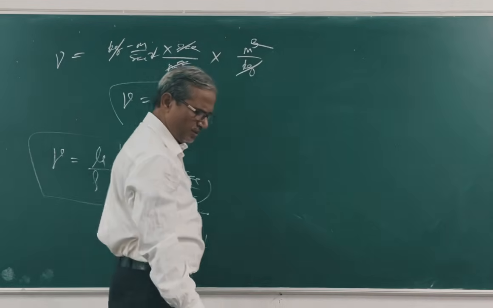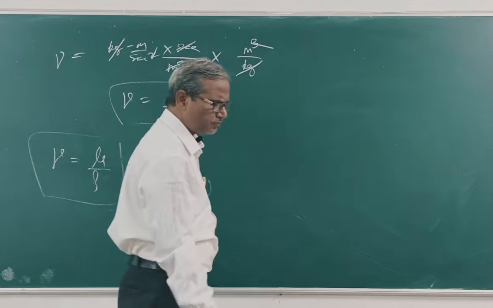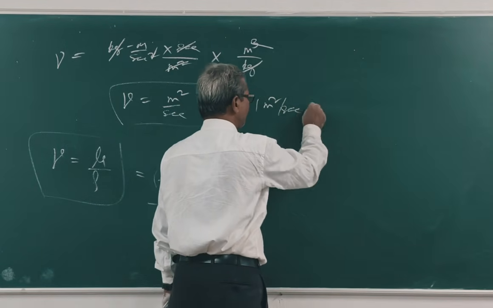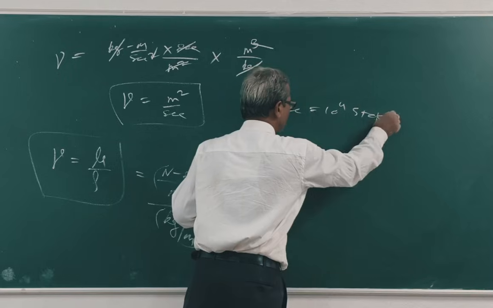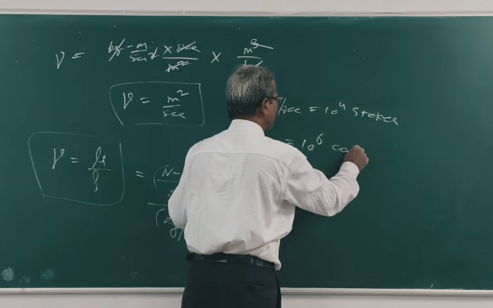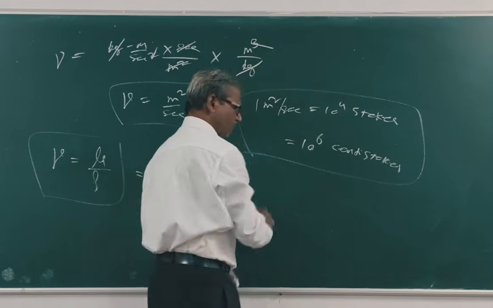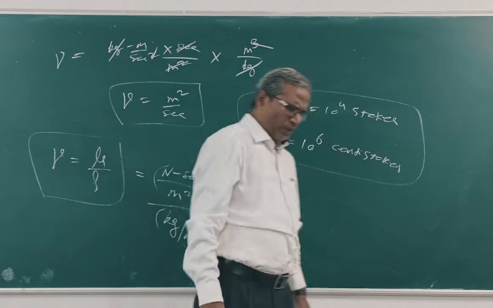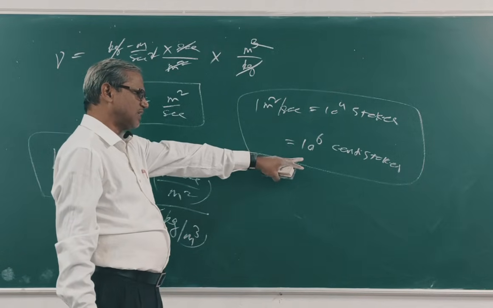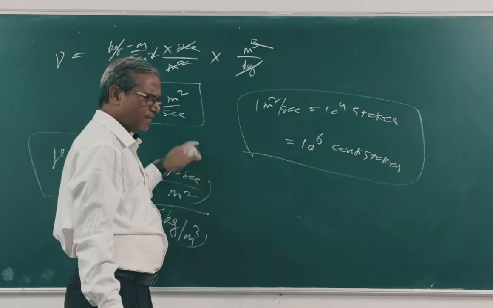Clear? Meter square per second. This is 10^4 stokes. So 1 meter square per second is equal to 10^4 stokes, which is 10^6 centistokes. This is the unit of kinematic viscosity.